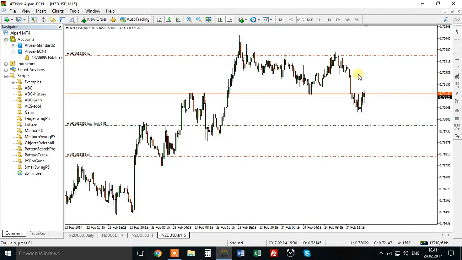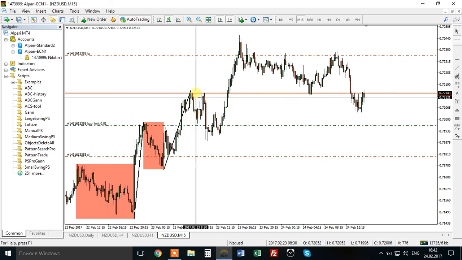It is also seen on the 15-minute, because the 15-minute looks almost the same as the hourly, with some small exceptions maybe.